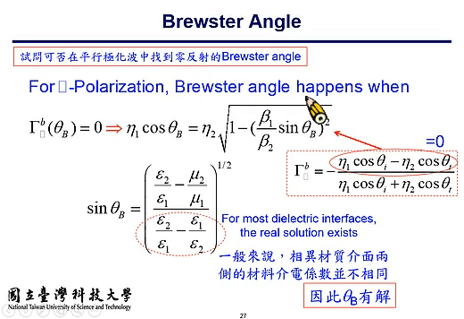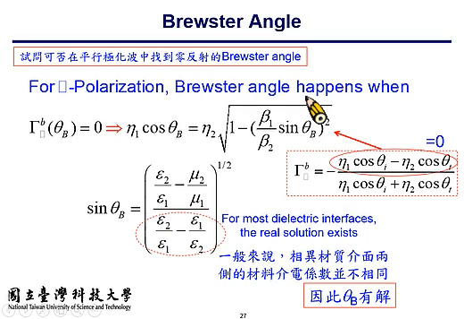You end up with the sine of theta b, which can again be represented with epsilon 1, mu 1, epsilon 2, mu 2. The good thing is the denominator part is epsilon 2 over epsilon 1 minus epsilon 1 over epsilon 2.